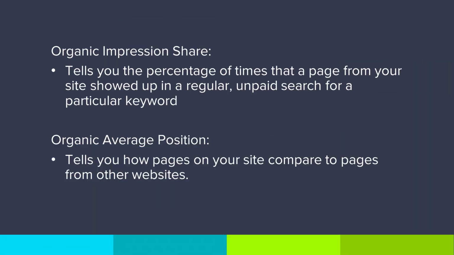Ad impression share is Google's estimate of how many times people will see your ad divided by the total number of searches for the same keyword over the last month within your targeted location or network. Now, organic impression share tells you the percentage of times that a page from your site showed up in a regular unpaid search for a particular keyword, and organic average position tells you how pages on your site compare to pages from other websites.